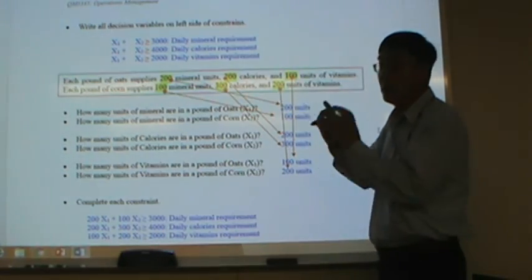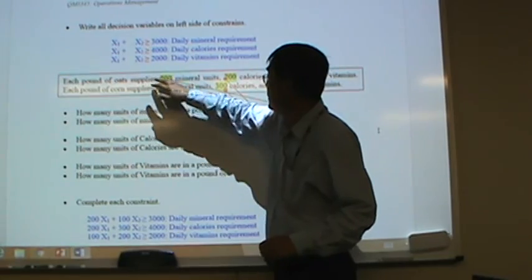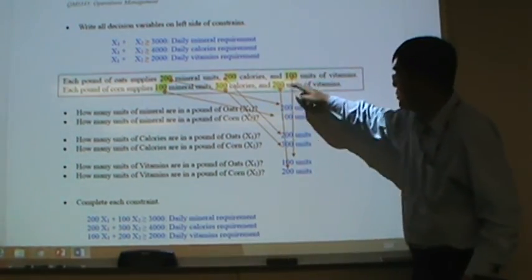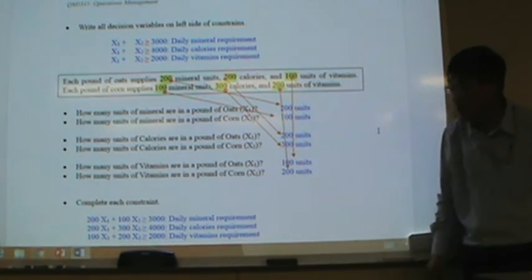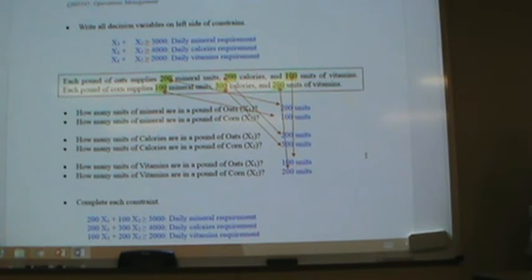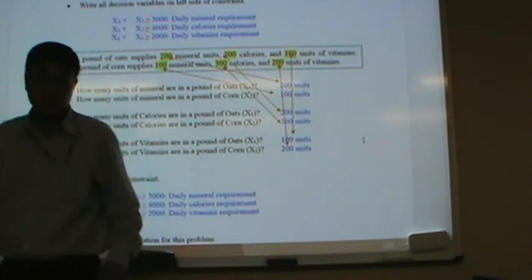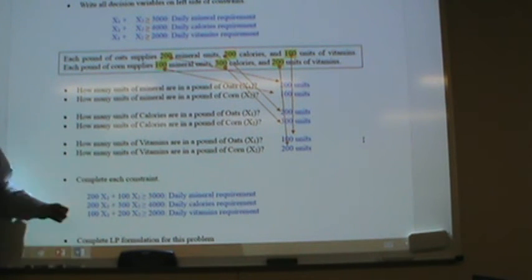X1 is oats, right? Oats has 200 minerals, 200 calories, 100 vitamins. So the numbers go like this. And finally, the constraint part, the coefficients of x1 and x2, something like this.